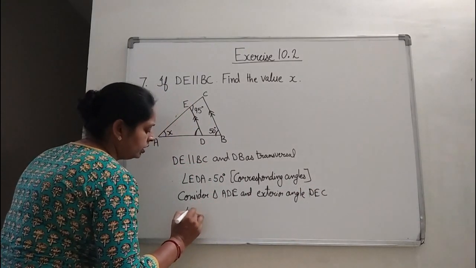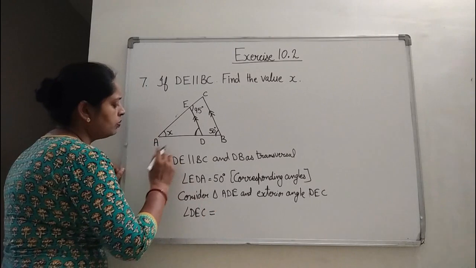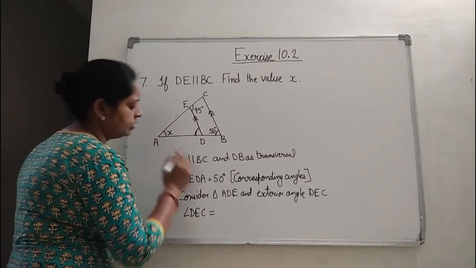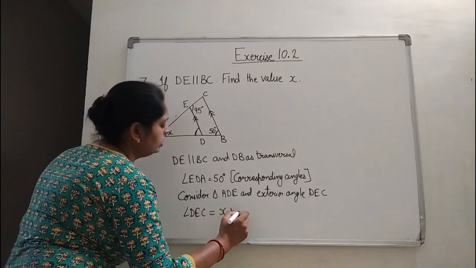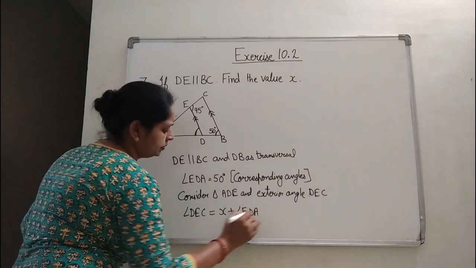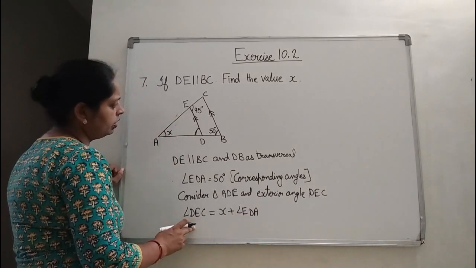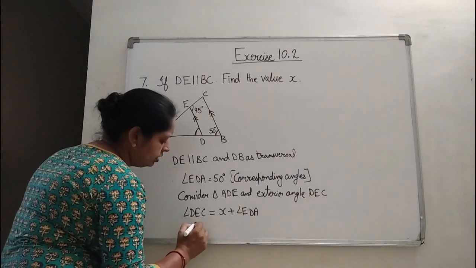From here we got angle DEC will be equal to the sum of two opposite interior angles, and what are the two opposite interior angles we have? X plus angle EDA. Now put the values we have. DEC is 95 degree.